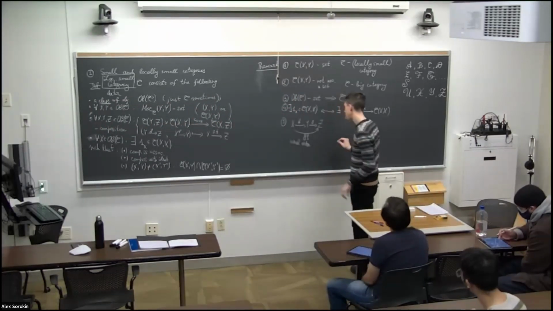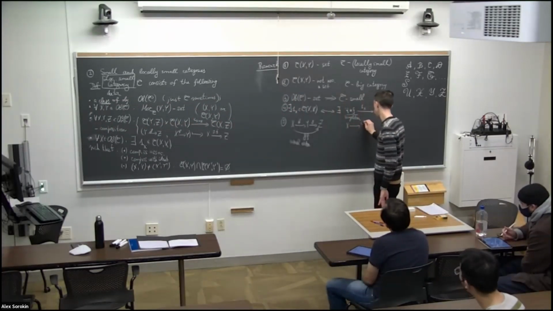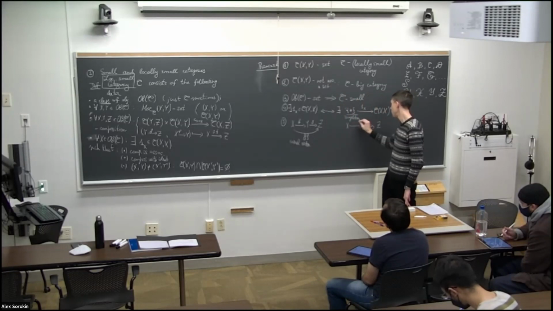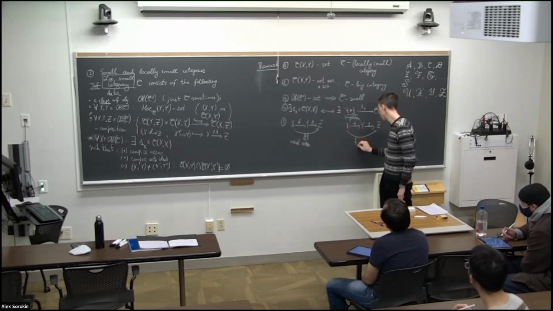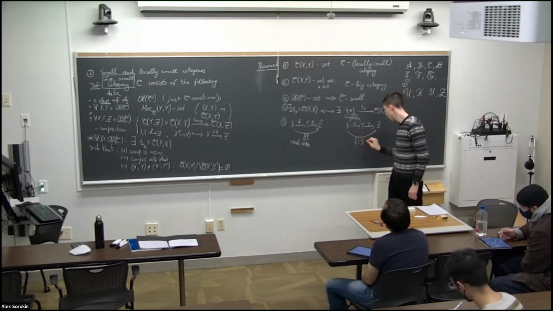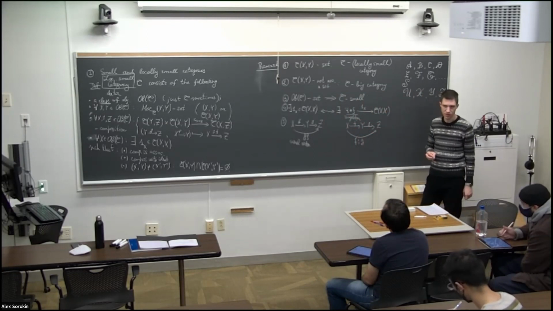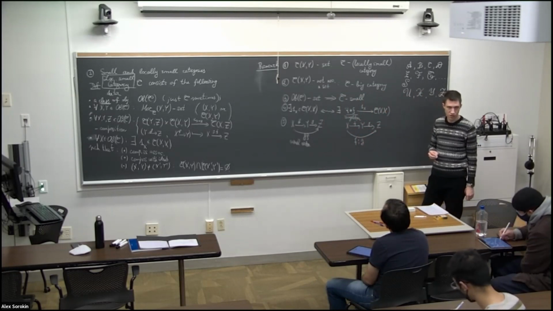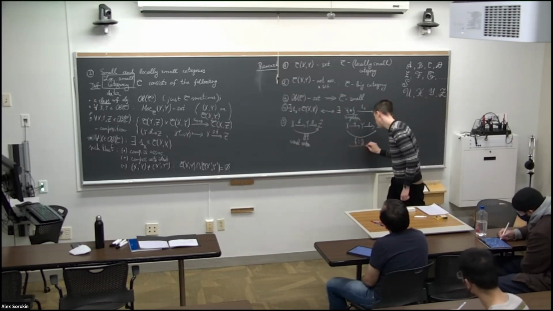But I can also write it as X, Y, Z, here is f, here is g, and f semicolon g. People usually write semicolon. It has some origins in computer science. And this will be called diagrammatic order.